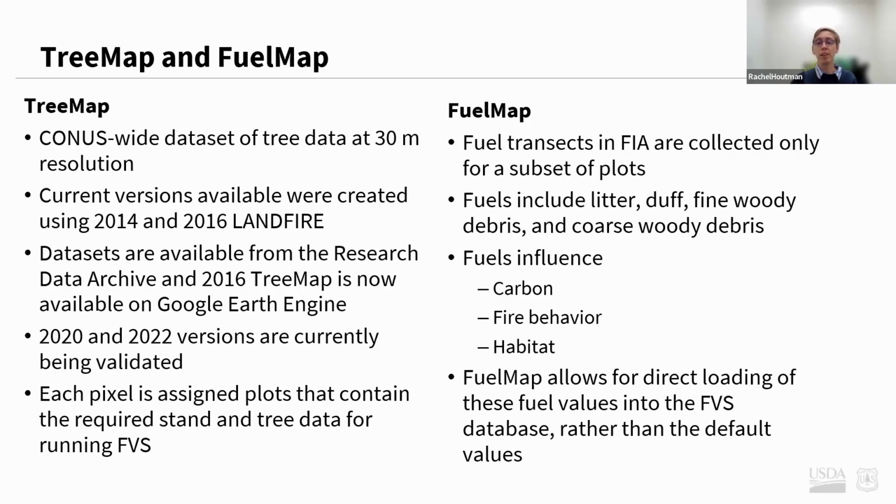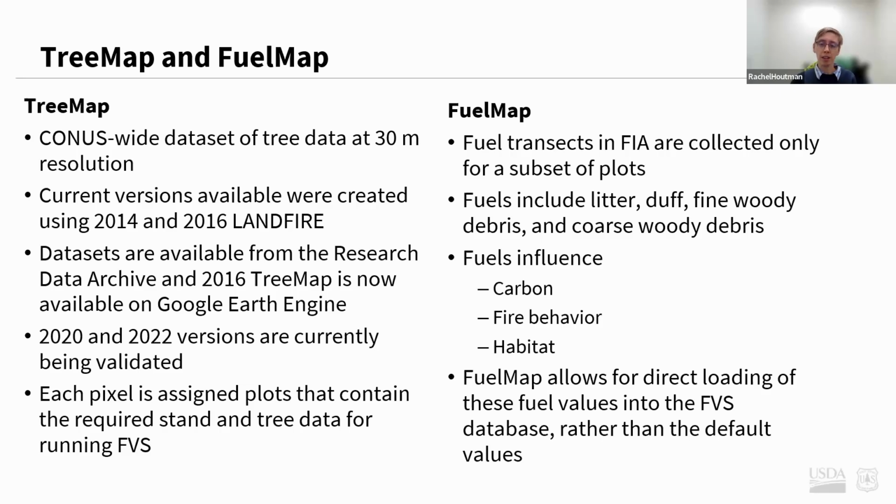Part of the reason that these data sets were created was to estimate the risk of wildfire to forest carbon. And so since only that subset of FIA plots include those fuel transects, FuelMap was created to impute fuels to those plots that didn't have those transects. With regards to FVS, so tying that all together, that creates an input for those fuel categories rather than resorting to default settings within the model.